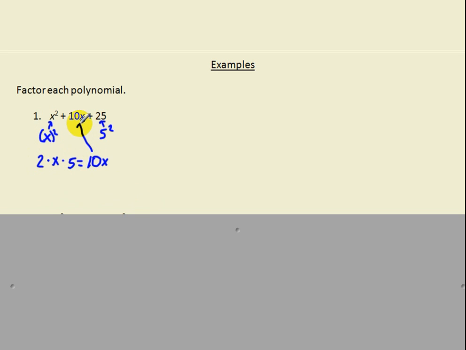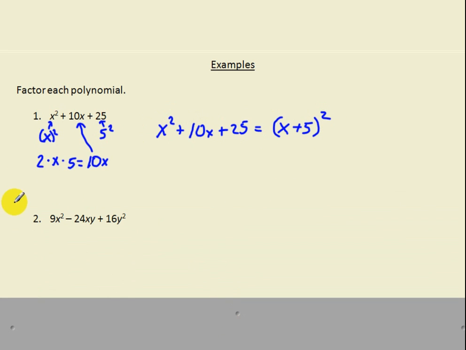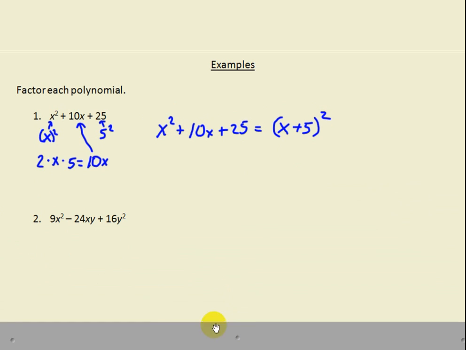And notice that's our middle term. So in other words, x squared plus 10x plus 25 is equal to x plus 5 squared. And again, this will become more familiar to you as you do more of these problems.